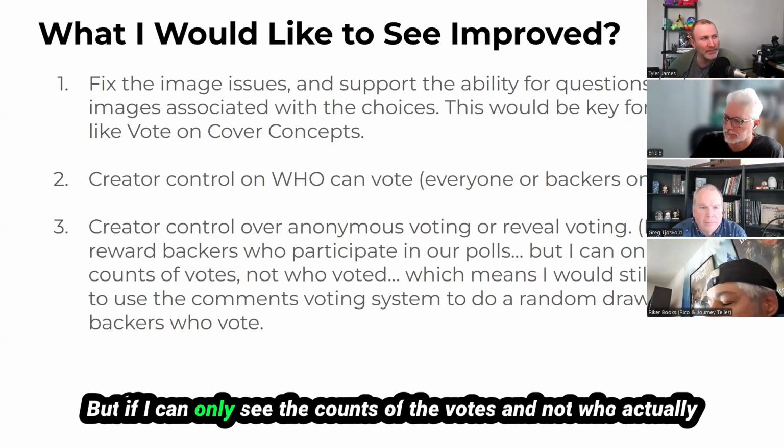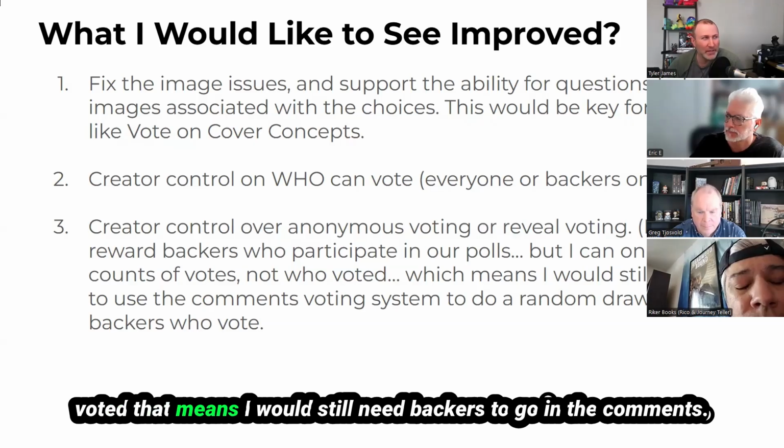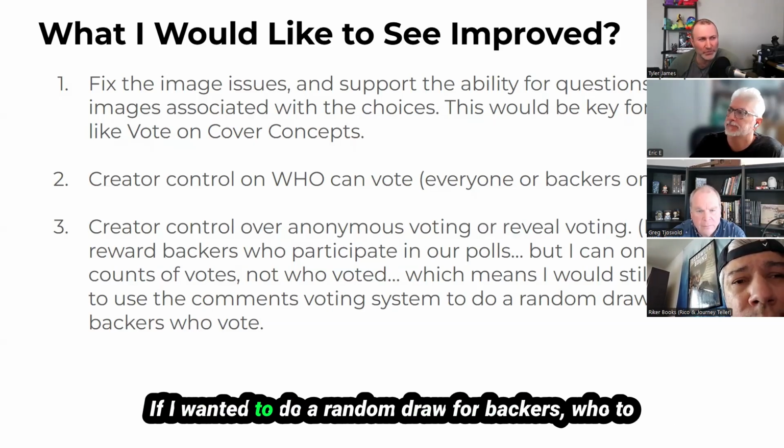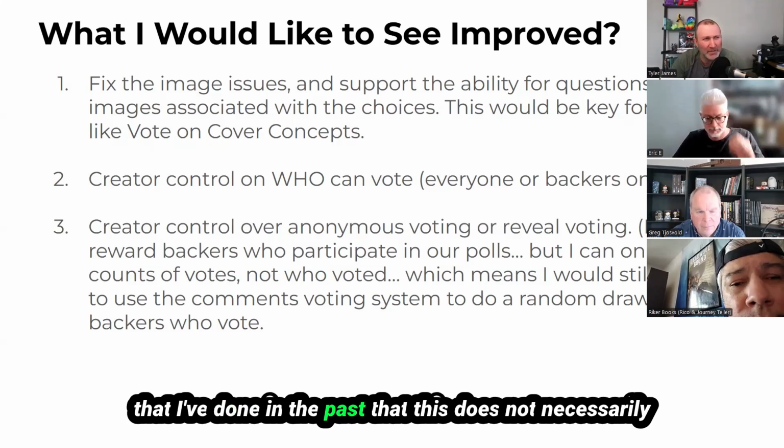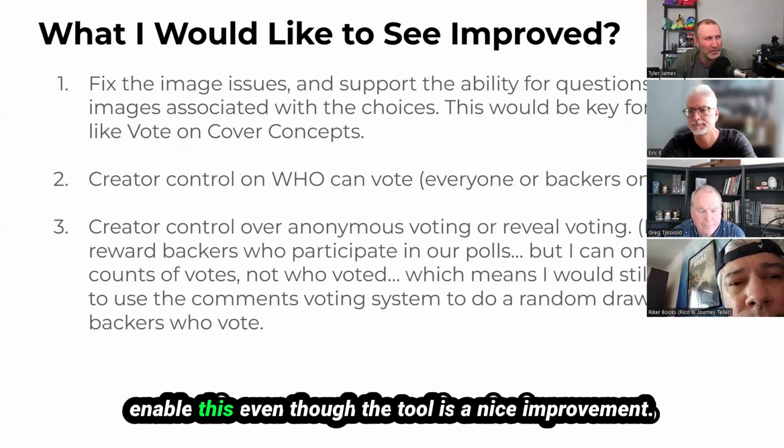But if I can only see the counts of the votes and not who actually voted, I would still need backers to go to the comments if I wanted to do a random draw to incentivize backers who vote. That's just something I've done in the past that this does not necessarily enable, even though the tool is a nice improvement.